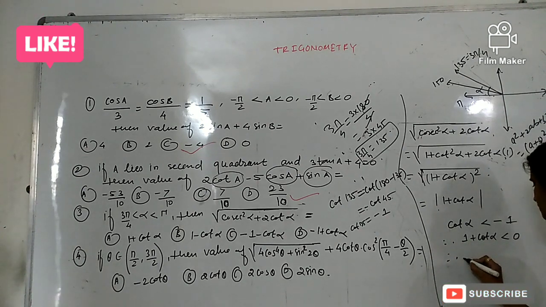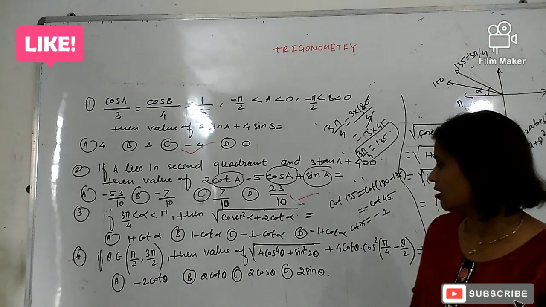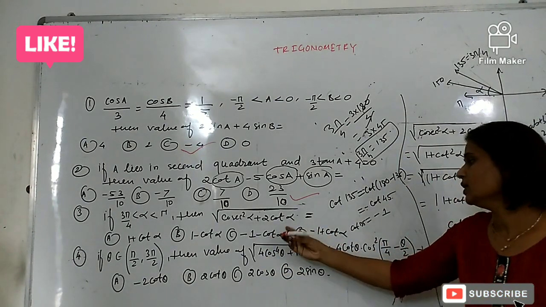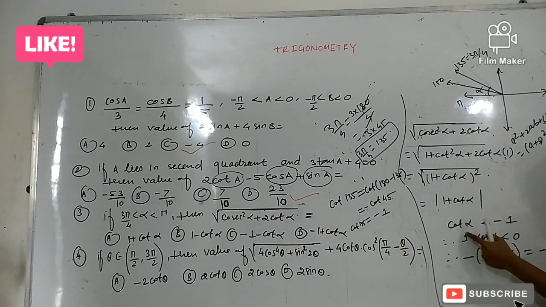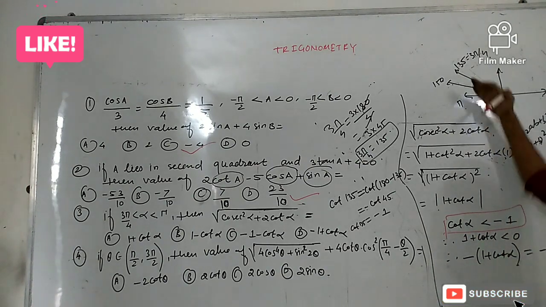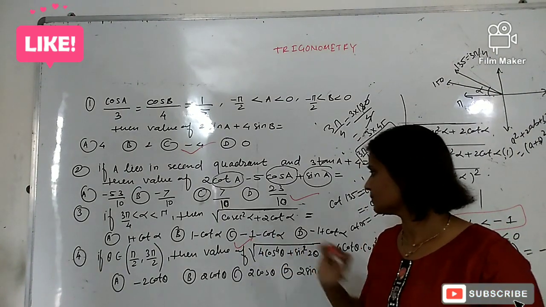So the value of this expression, the modulus of 1 plus cot alpha, is minus of 1 plus cot alpha. So we can write minus 1 and minus cot alpha. So the correct option is minus 1 minus cot alpha, and we got this correct option from the condition that cot alpha value is less than minus 1 for the second quadrant. So the correct option is C.